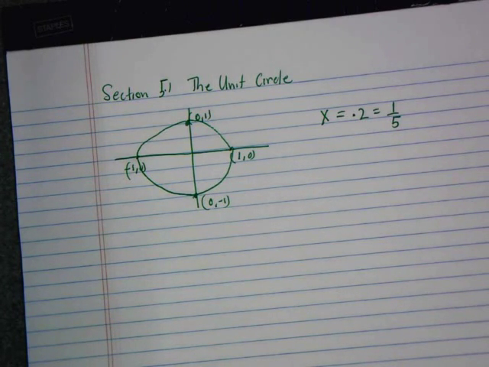It could have h's and k's, where h and k stand for the center. And where's our center? (0, 0). So h and k are both 0. And what's our radius? 1. So what's the general equation of a circle with the h's and the k's? Do you remember?